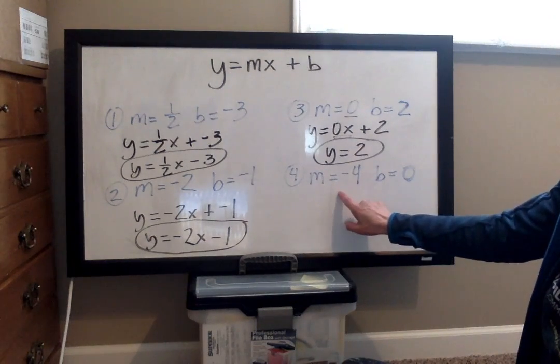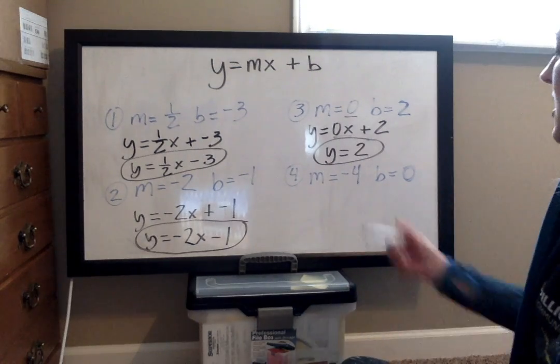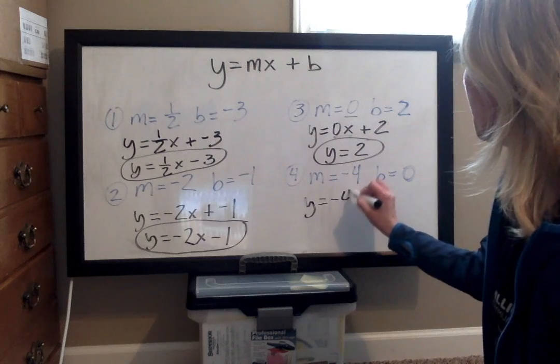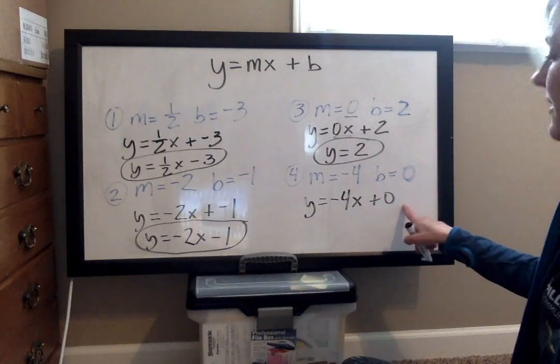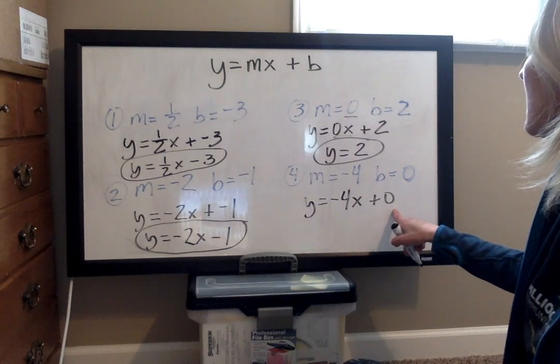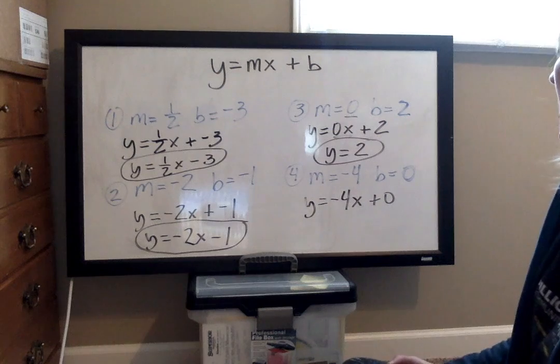All right, number 4, your slope is -4 and your y-intercept is 0. So we're going to go y equals -4x plus 0. Now do we have to write it as plus 0?